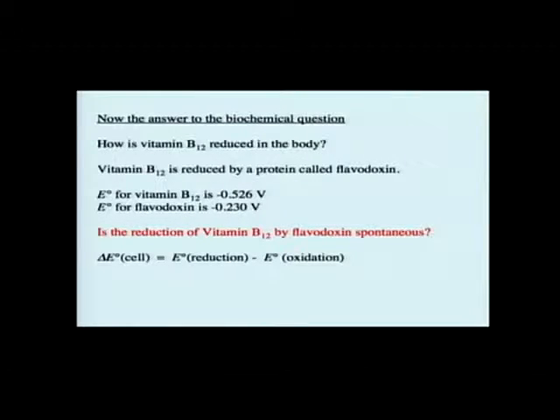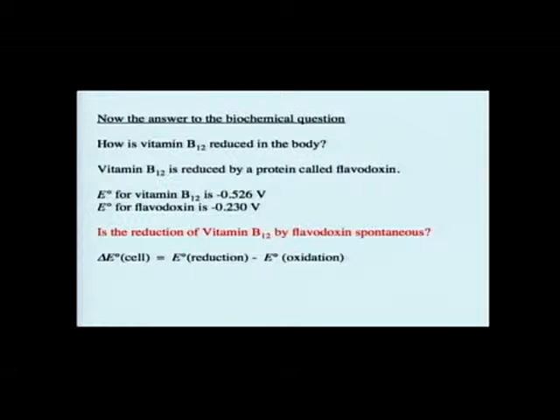So we can look at it the same way you've looked at all the other systems. We're talking about batteries, electrochemical cells. You can use the same equations if it's a biological system as you can for any other system. So we've seen this equation before. We've calculated changes in the standard reduction potential for a cell.